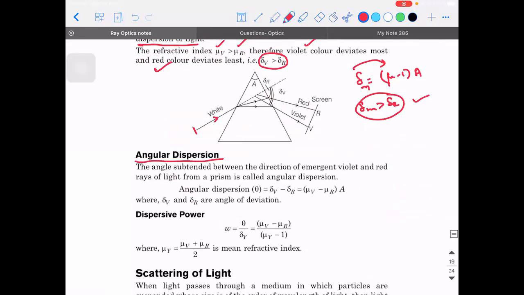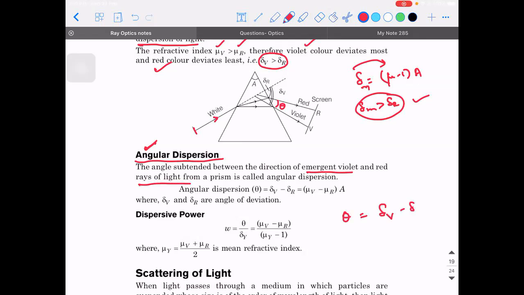Angular dispersion, the name itself suggests it is an angle. So the angle subtended between the directions of the emergent violet and red rays of light from a prism is what is called angular dispersion. If I take this angle as theta, then theta is equal to what?